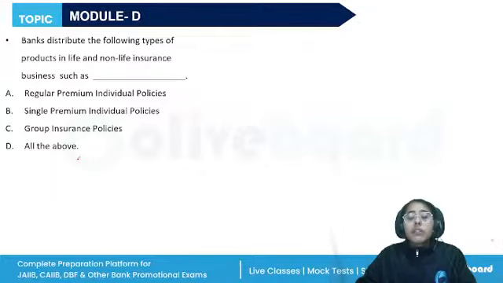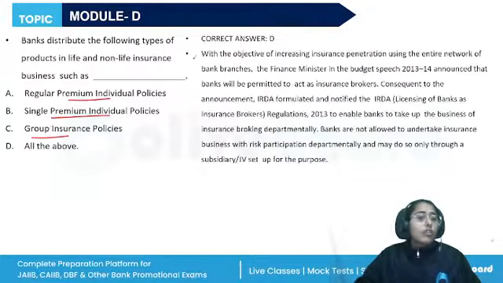And when we are talking about the insurance business by banks, they can do so with risk participation through a subsidiary, or they can also do so by undertaking insurance broking or acting as a corporate agency, and departmentally as well. But here the correct answer is that the banks distribute regular premium individual policies, single premium individual policies, as well as the group insurance policy, right?